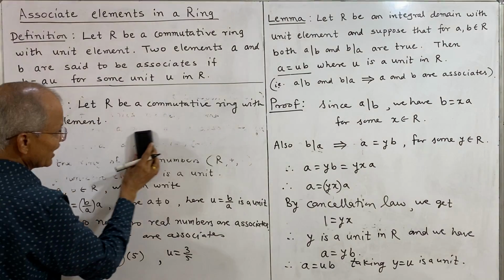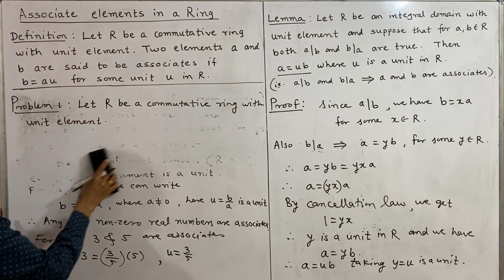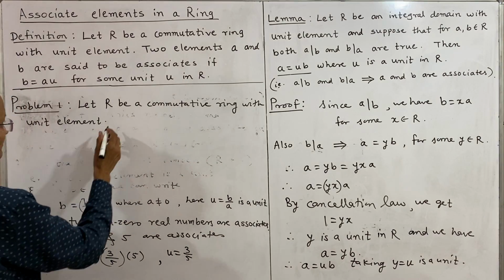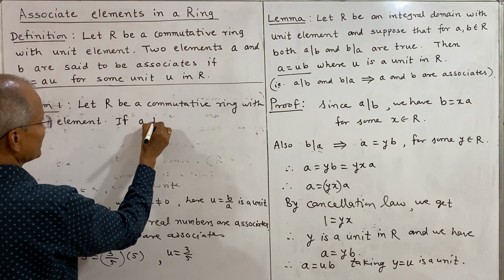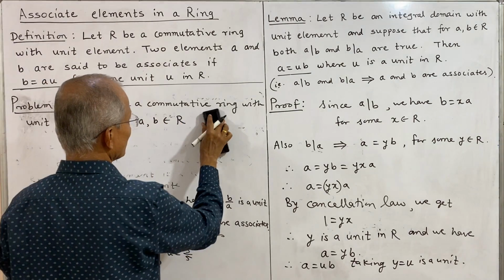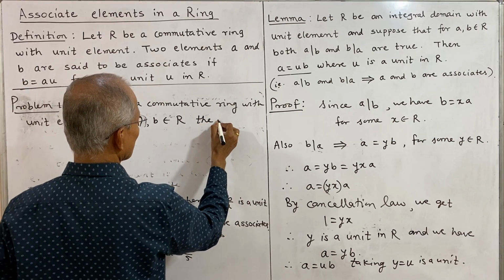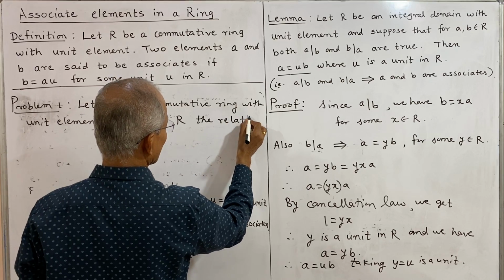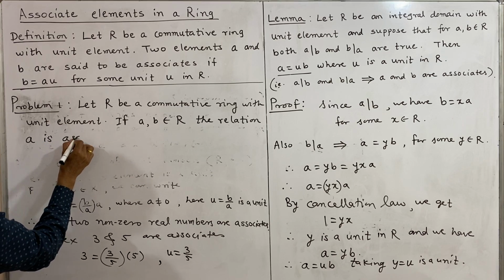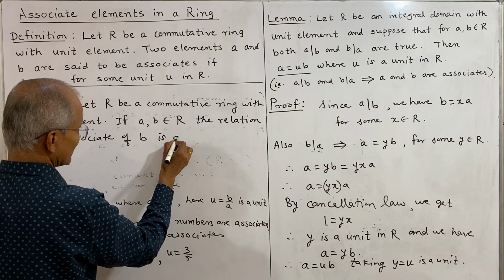Two elements A and B are associates, or A is associate of B, if A, B belong to R. The relation "A is associate of B" is an equivalence relation.